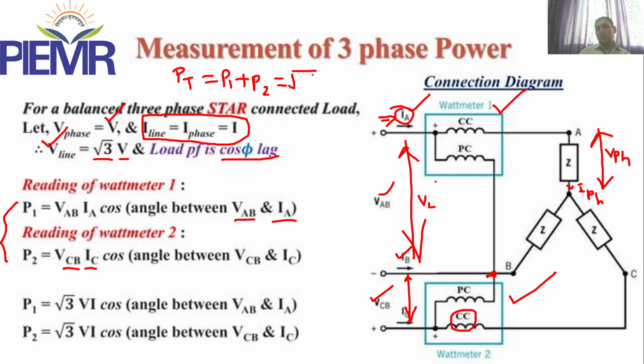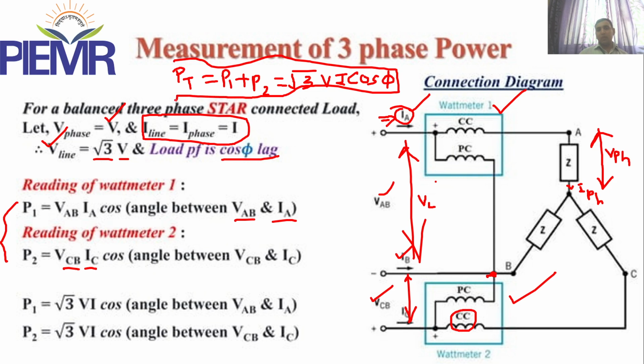It is √3 of VI cos phi. We are verifying that the total power given by the wattmeters matches this formula, √3 VI cos phi for a three-phase power.